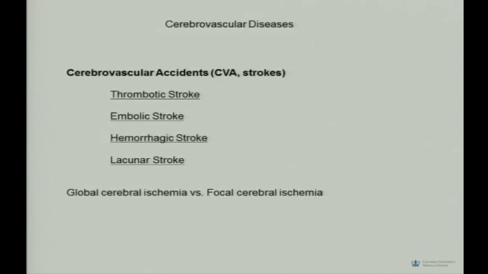Now, an embolus can be really any foreign substance that travels in the blood, but more commonly it's going to be a clot. Embolic strokes caused by clots usually form on the left side of the heart, and they're caused by things like valve abnormalities or arrhythmias, especially things like atrial fibrillation.